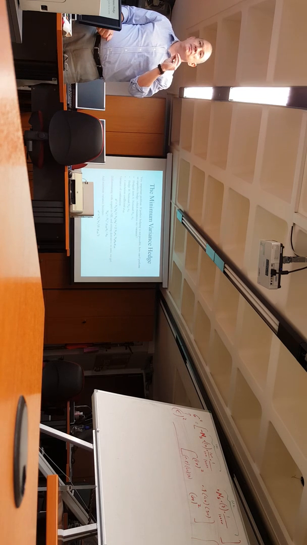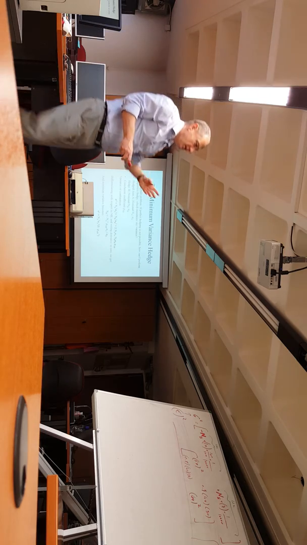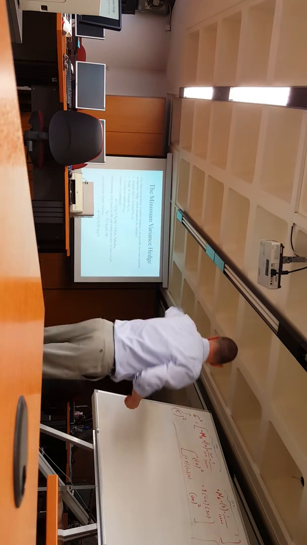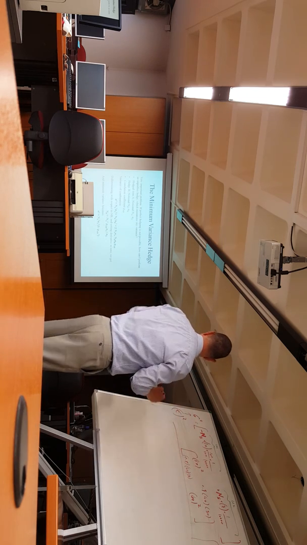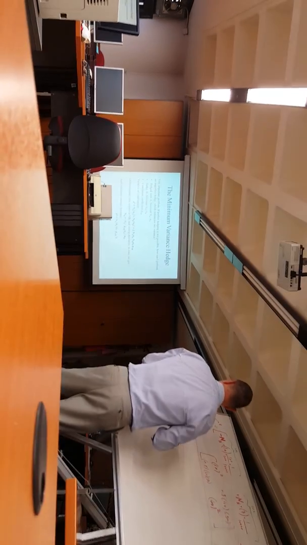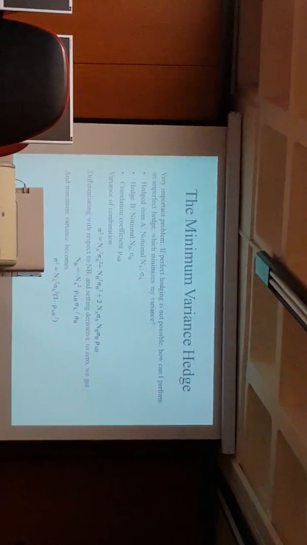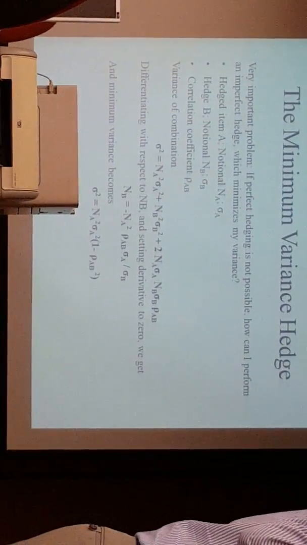How can I minimize my variance when the perfect hedging instrument doesn't exist? Very quickly, very simplified, forget all this formalism. In general, sigma squared, the variance, is the notional amount. Then I'm talking about, say, dollar variance now.